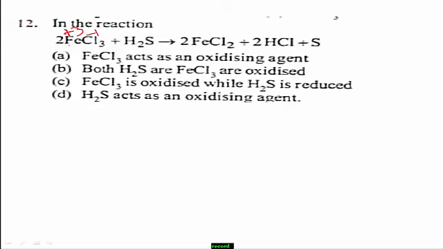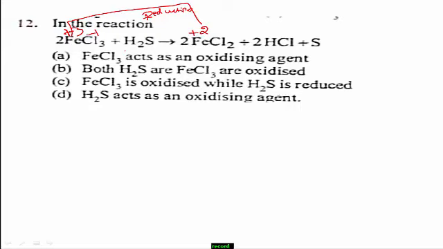Therefore, iron oxidation state is +3 here. In FeCl2, it becomes +2, which means a decrease in the oxidation number, so a reduction process takes place. The oxidation number of iron changes from +3 to +2, hence FeCl3 is reduced, right?